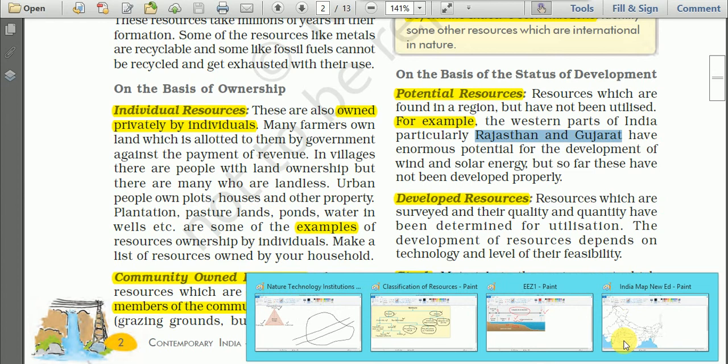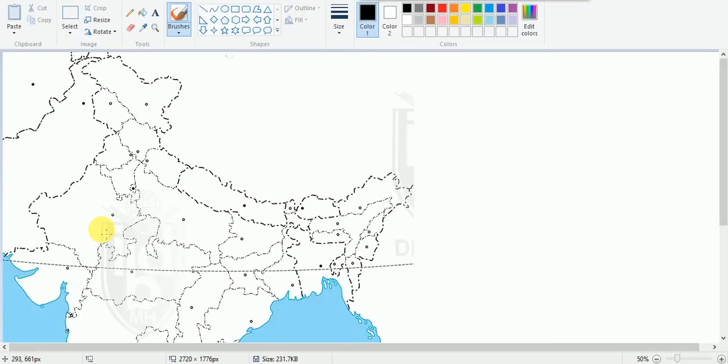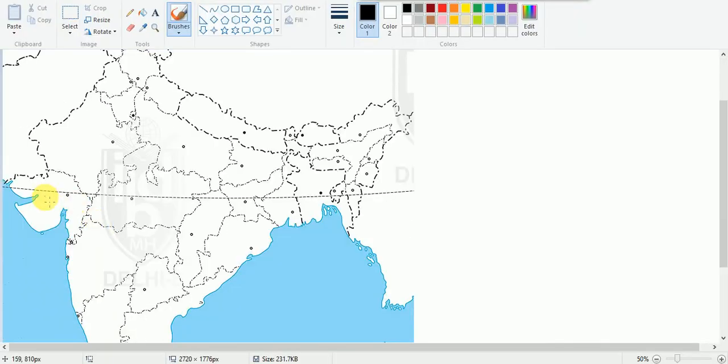As I see here, the western part of India, in this area, Gujarat and Rajasthan.